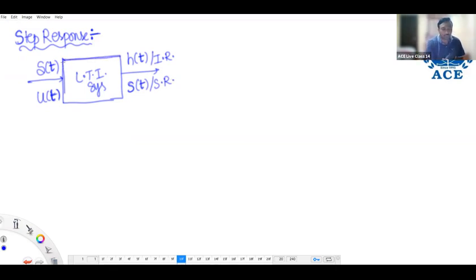The total system behavior is characterized by impulse response, but sudden change in the behavior is characterized by step response. Other way, to solve problems mathematically, impulse function is useful, sir.